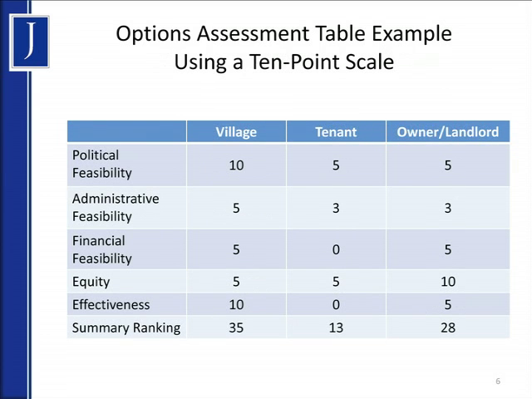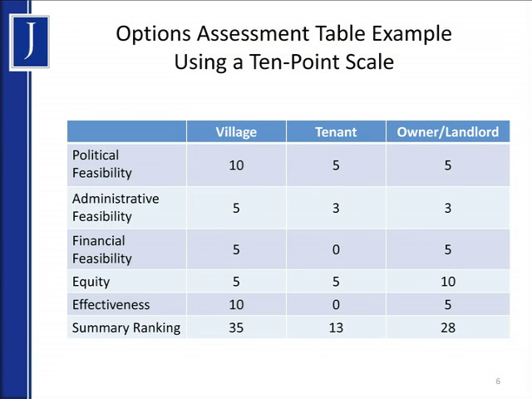Here's an alternative way to do an options assessment. In this assessment, we're using a 10-point scale to assess the dimensions of each option. 10-point means that the option scores well on the dimension, and 0-point means that the option scores poorly.